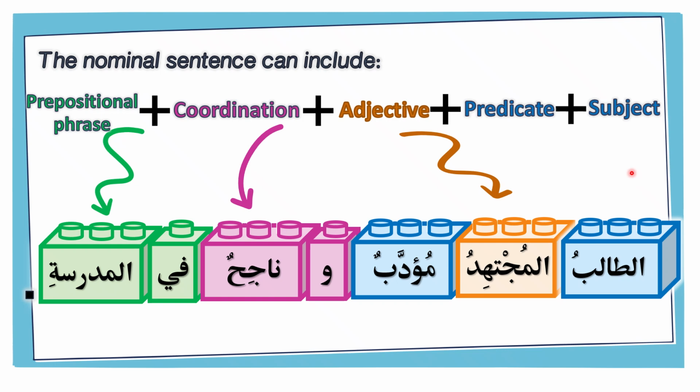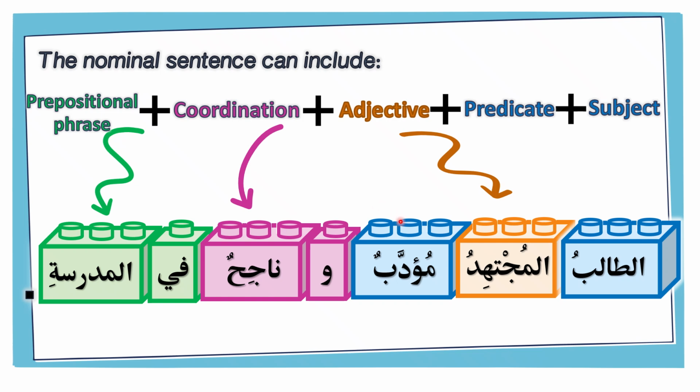The complete sentence here, and remember, we start from right to left. So we started with the subject and its predicate. They don't agree, they're definite and indefinite. الطالب مؤدب. And then we describe the subject, and the adjective should agree with the noun it's describing. So we said الطالب المجتهد مؤدب. We gave additional information, so the predicate is not only مؤدب.